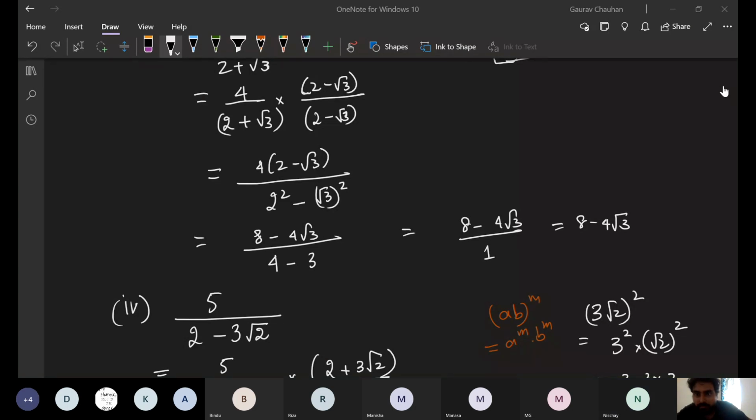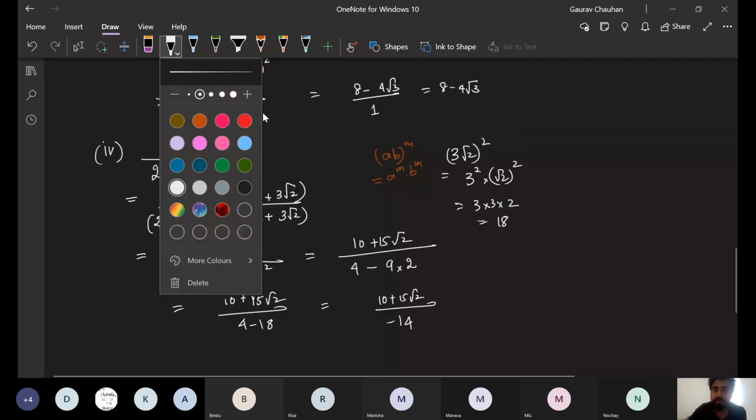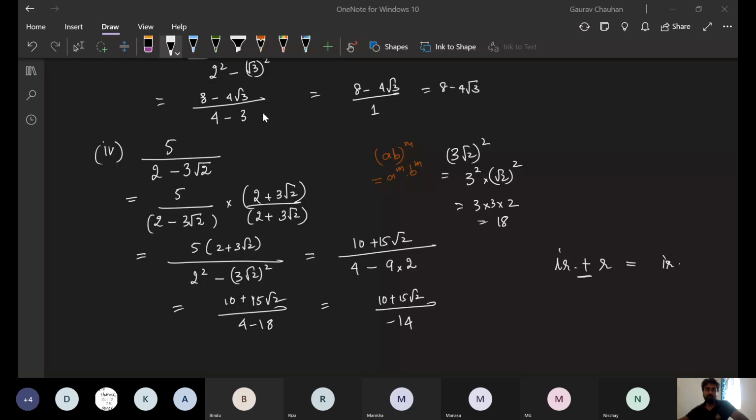Right. Okay. So now, one more important thing which you need to remember is when it is rational, when it is irrational. If I'm adding an irrational number plus a rational number, it will be irrational. Same way, irrational minus another number is also irrational. You remember this part from last year?